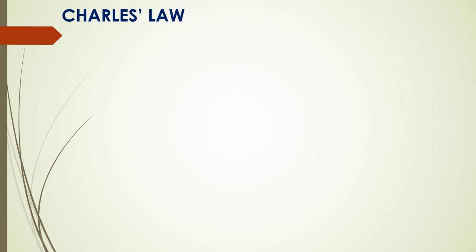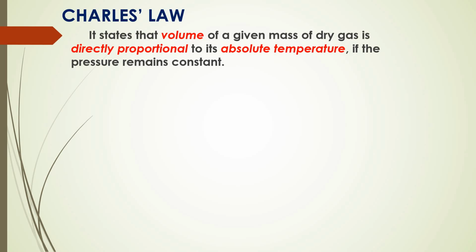Charles' law. It states that the volume of a given mass of dry gas is directly proportional to its absolute temperature if the pressure remains constant. Here there are three key points: volume, directly proportional, and absolute temperature.